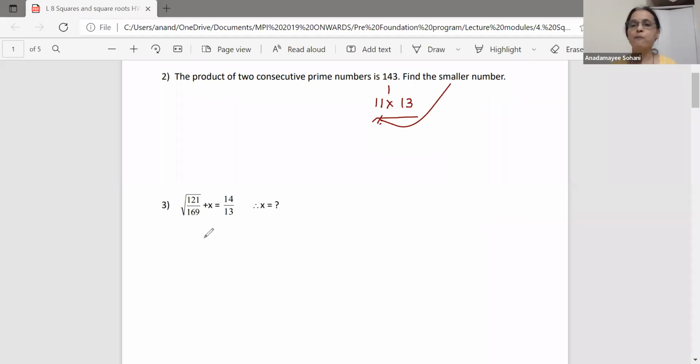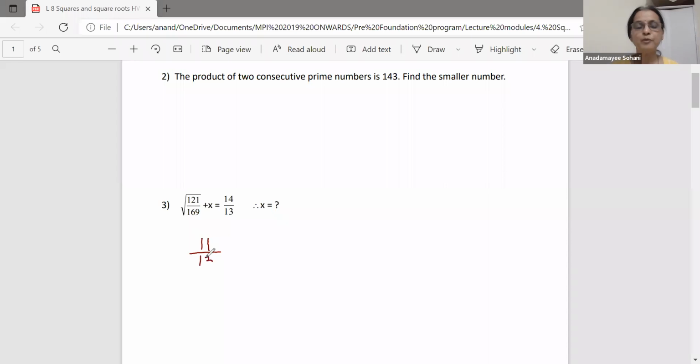Under root of 121 upon 169 plus x is 14 upon 30. Now, as I said, if you know the squares up to 20, the story becomes really simple. So 121 is the square of 11. So square root of 121 will be 11, and the square root of 169 will be 13.